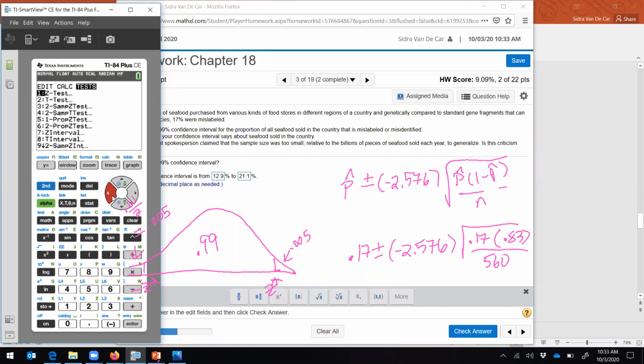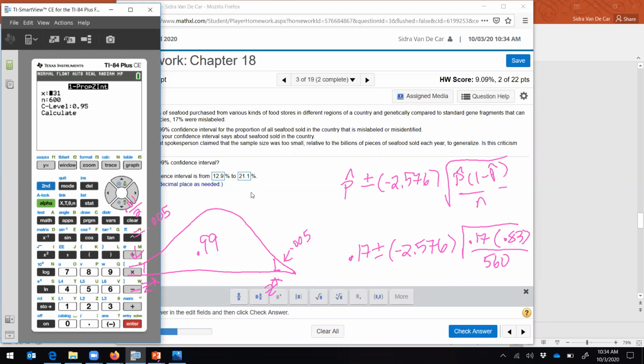My Z interval is what I'm looking for here. Actually, I think I want a 1 proportion Z interval. Where is that? There it is. 1 proportion Z interval. So option A here is my 1 proportion Z interval.